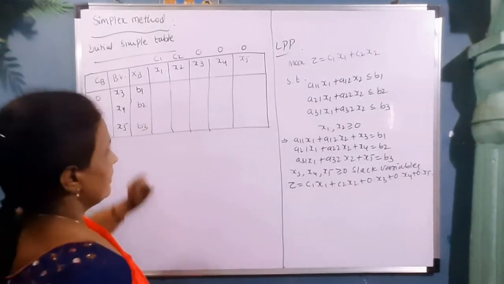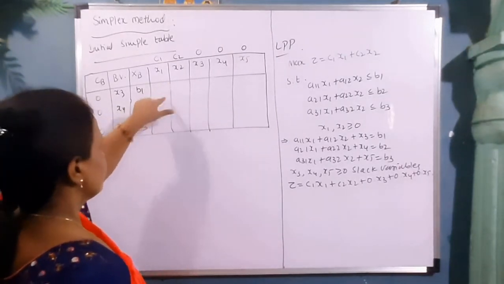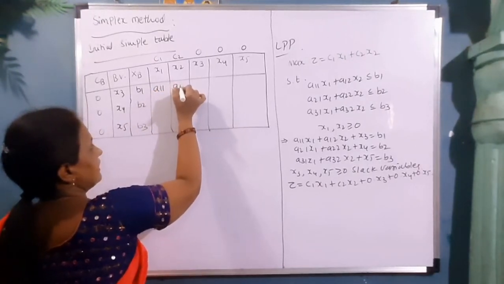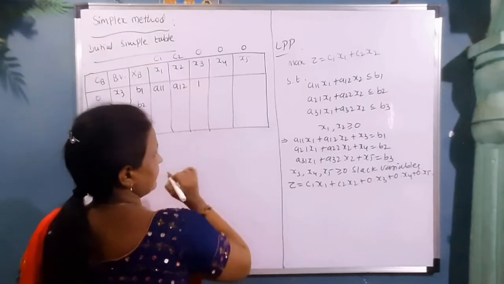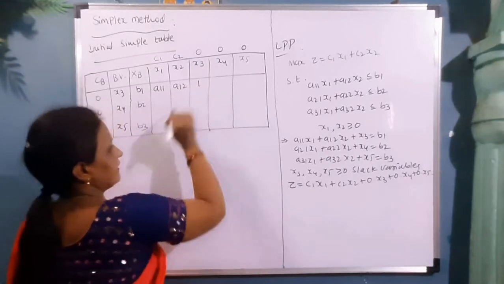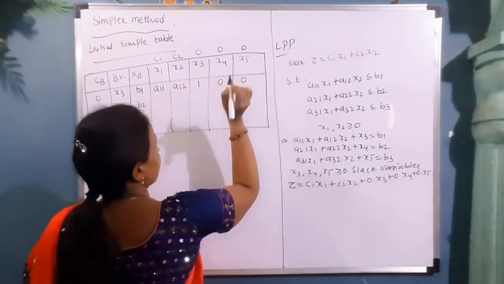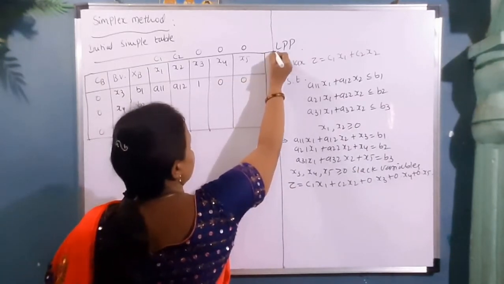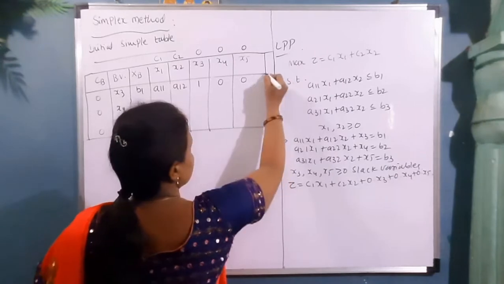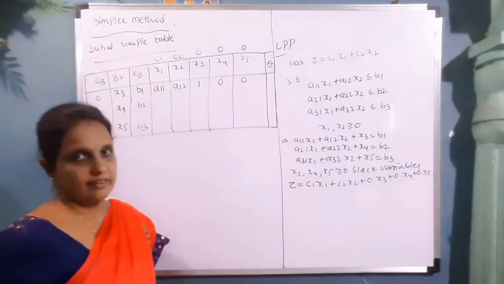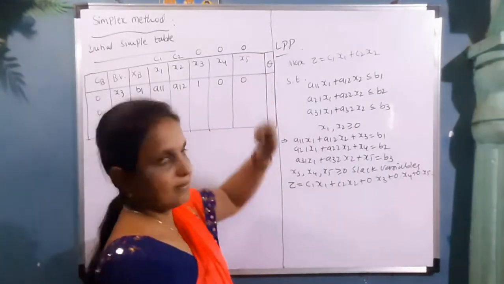Next, the coefficient of x1 is a11, x2 is a12, x3 is present so 1, x4 is 0, x5 is 0. Here we need one more column, denoted as theta. This we will mention in the method.